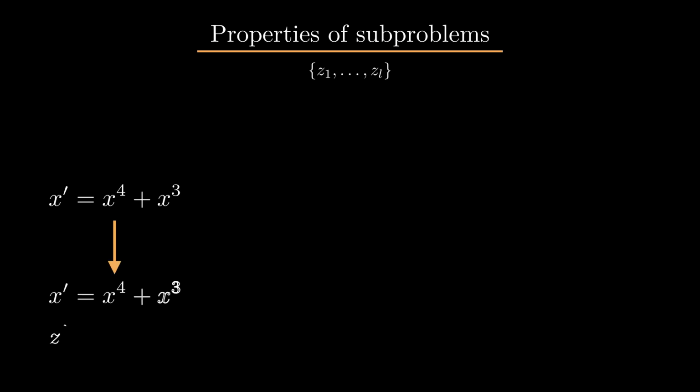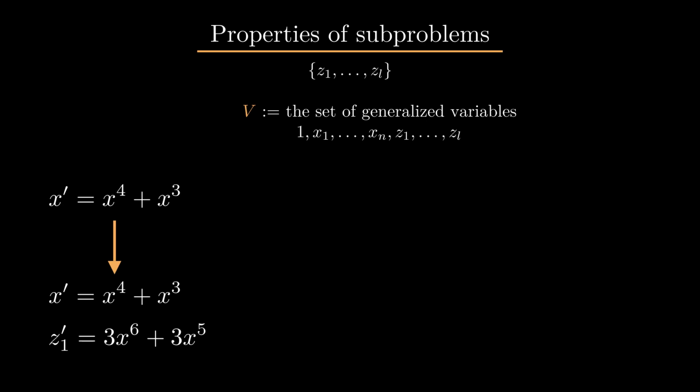Before we start discussing the algorithm in more detail, let's introduce some properties of subproblems on an example. Consider a scalar ODE and associate a subproblem with 0 new variables. Now we introduce a variable z1 equals x cubed and obtain a new subproblem. Let V be the set of generalized variables, consisting of original variables of the input system and new variables.